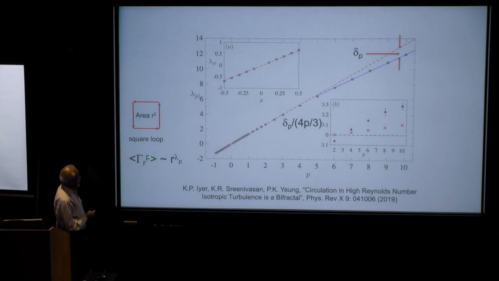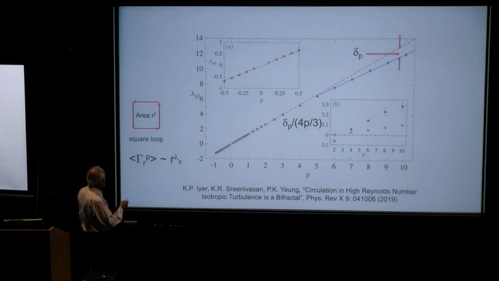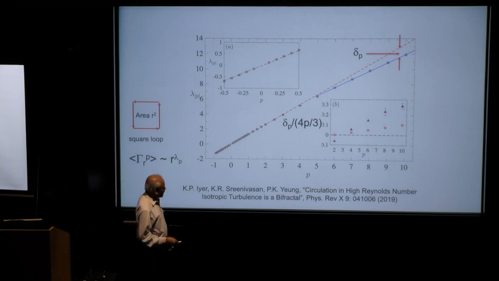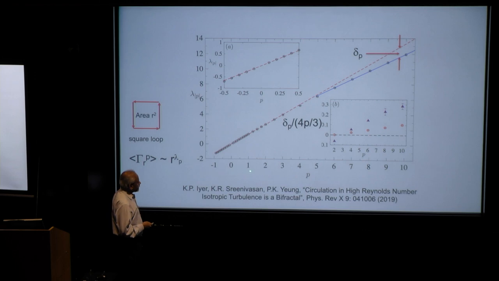That is to say, raise it to the power p, do it on all possible loops like this in the flow, and then you do it for very many r's, and you expect a power law like this, for instance, and then you do it for different p's. So it's a lot of calculations, as you can imagine, and the result is shown here as a function of p, these indices lambda p done here.